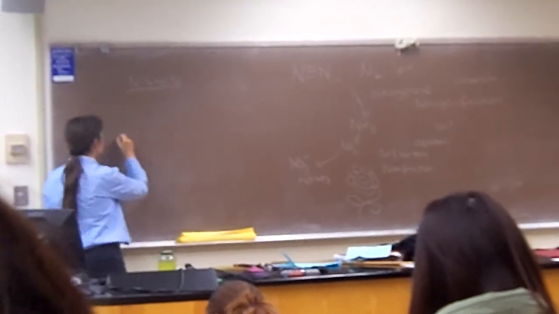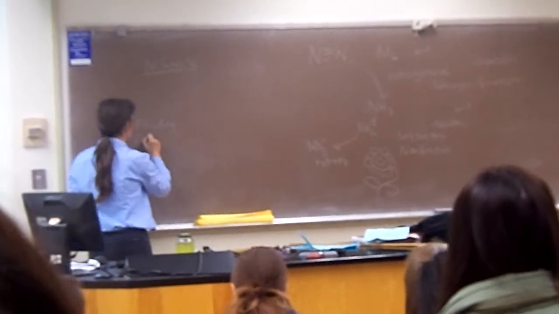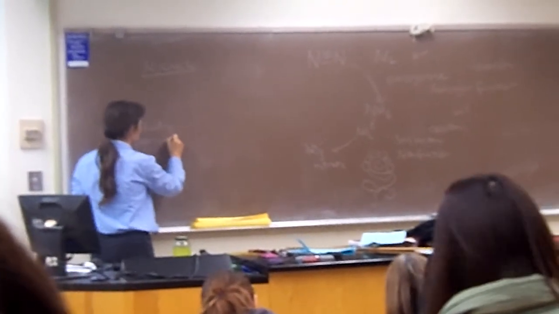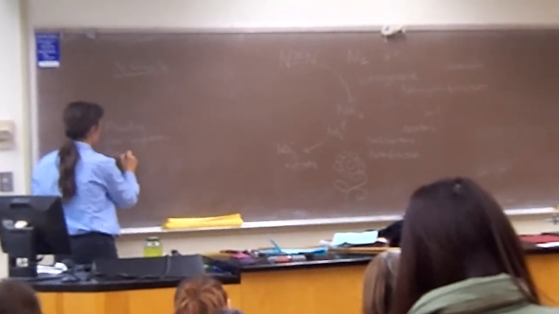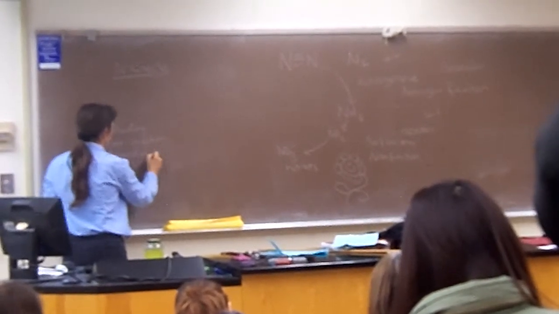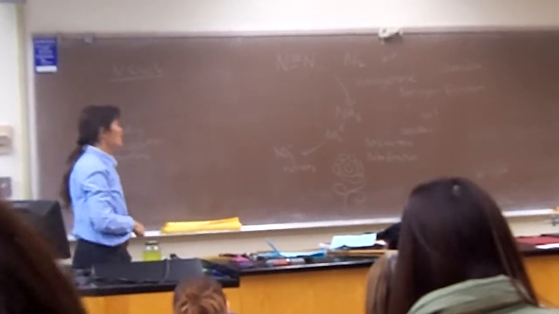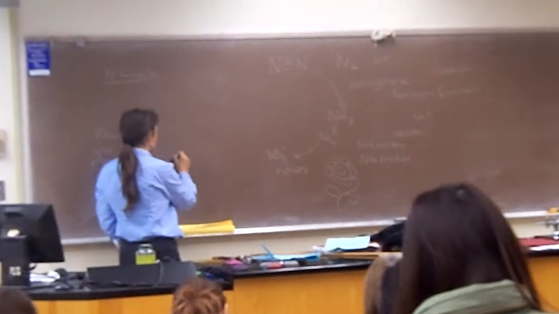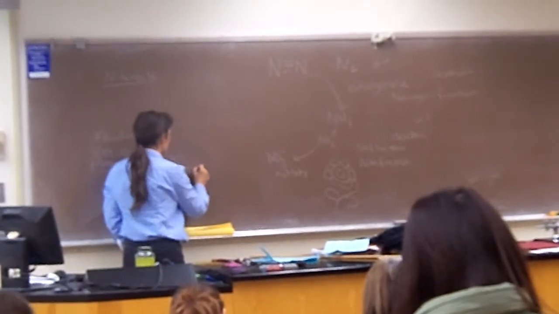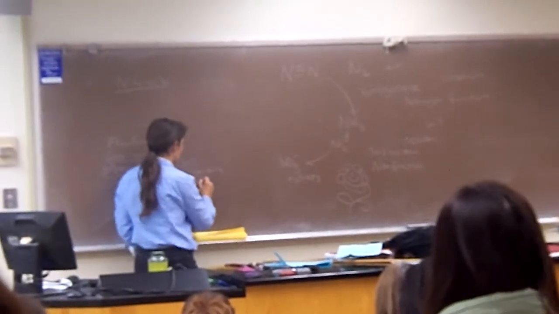So if we have flooding, or if we have over-irrigation, meaning we water our fields too much, this will create an anaerobic environment. So we have an anaerobic condition in our soil, and we don't want that. One of the reasons is that it will trigger other soil bacteria to carry out processes such as anaerobic respiration.